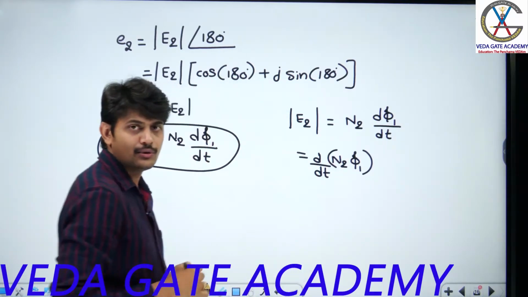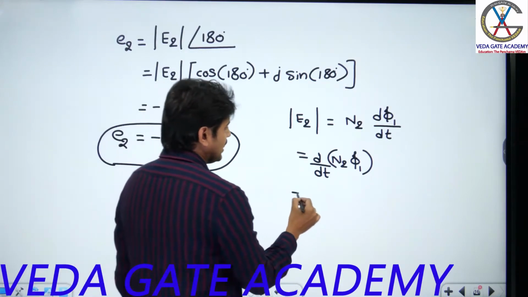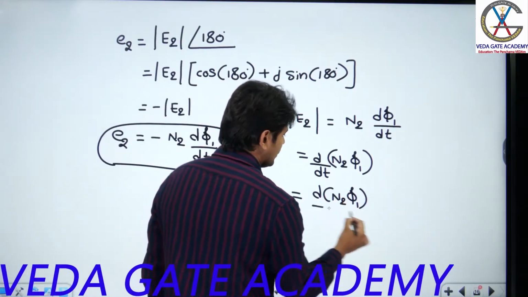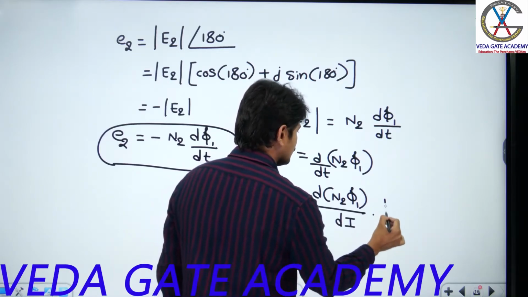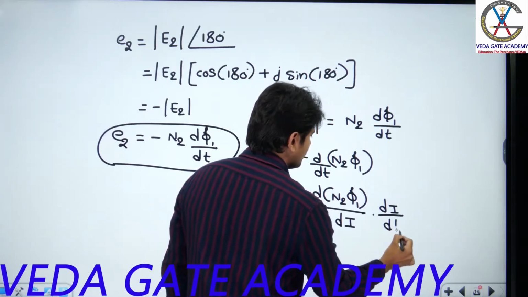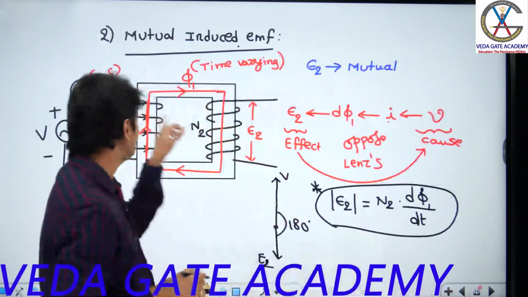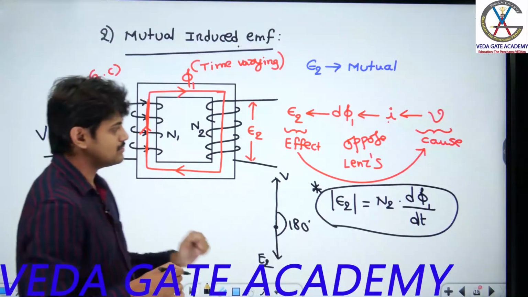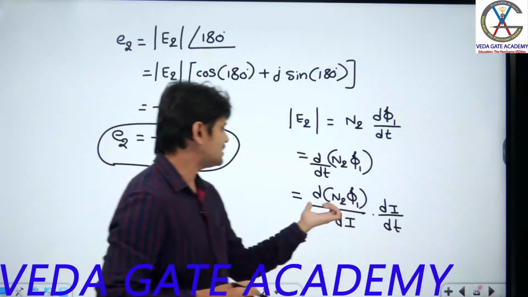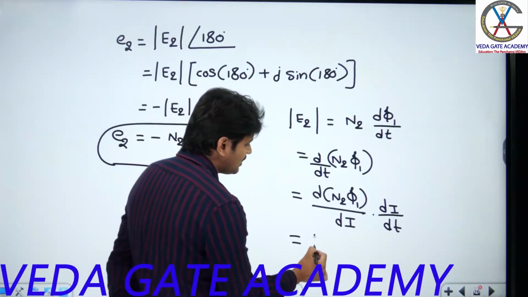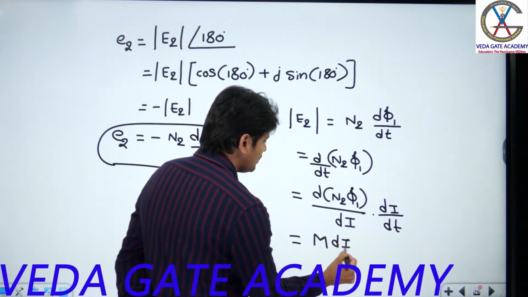This I can write as d of N2 phi 1 divided by di, into di by dt, where I is nothing but the exciting current, this current which I am indicating over here. So this is d N2 phi 1 divided by di into di by dt. So this I can write as M di by dt.